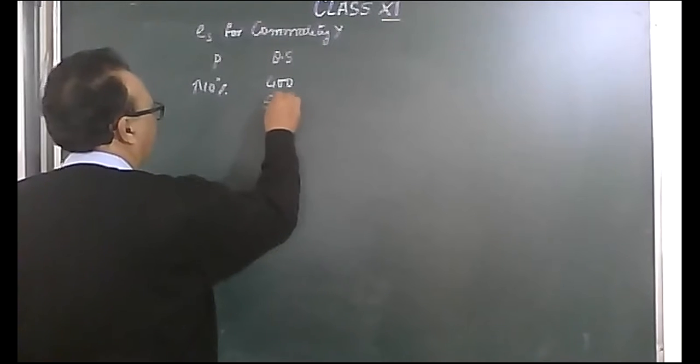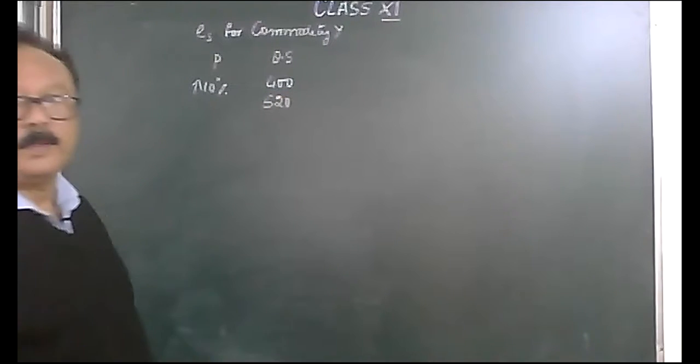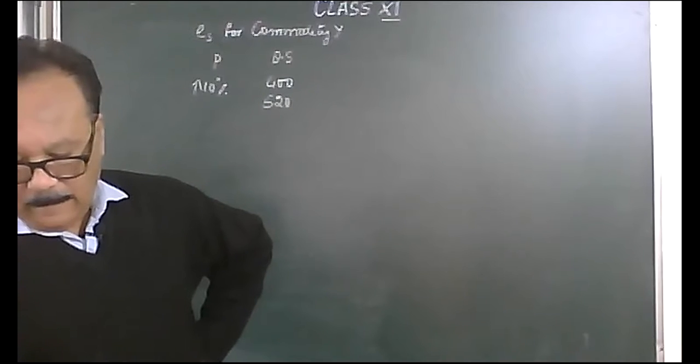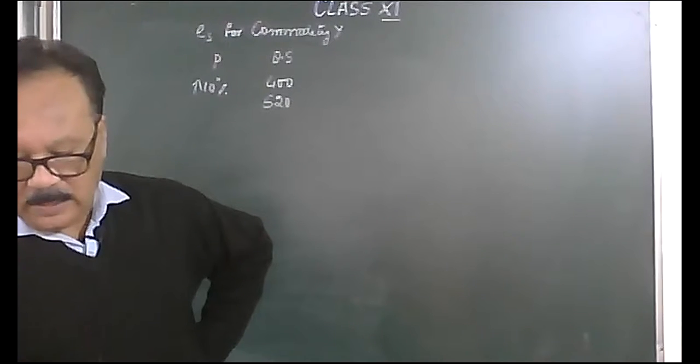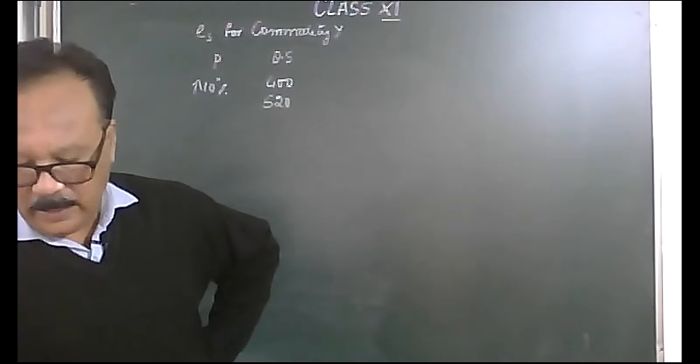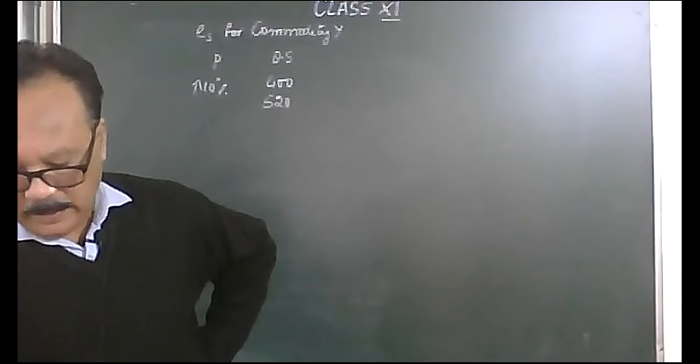He says a 10% rise in the price of commodity Y results in the rise of the supply from 400 to 520 units.